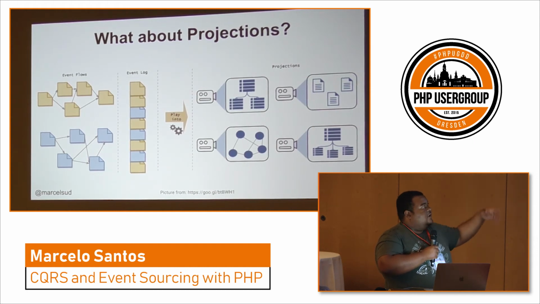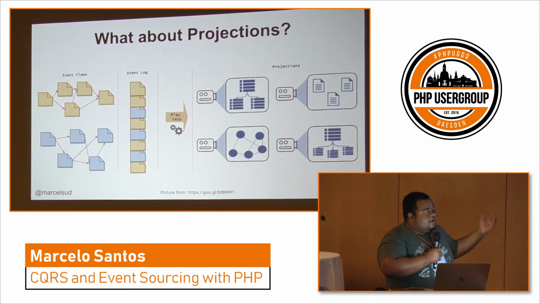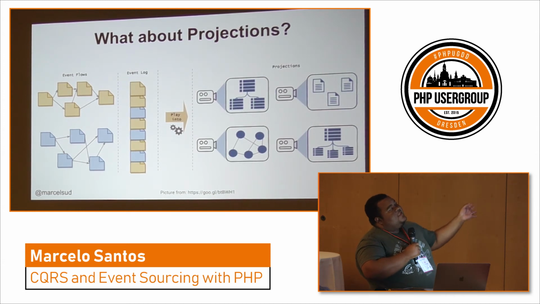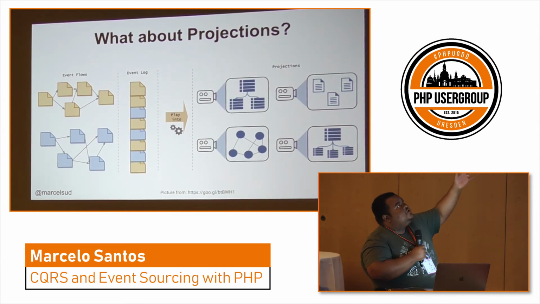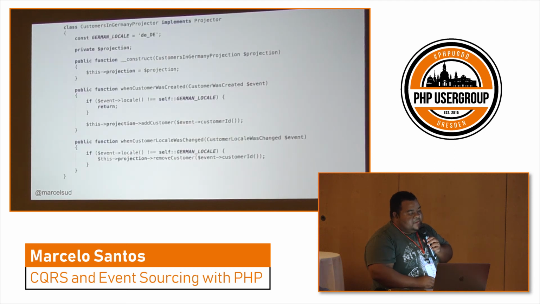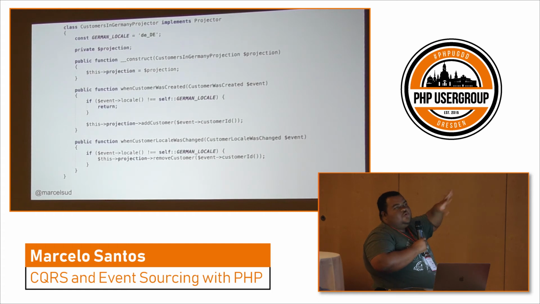It could be a JSON, it could be Kafka. Then I replay these events, like all change customer locale events. And I want to see, for example, customers that are living in Germany. So I create a projector, which could be any name. I just create a projector to make it a little bit simpler to understand.